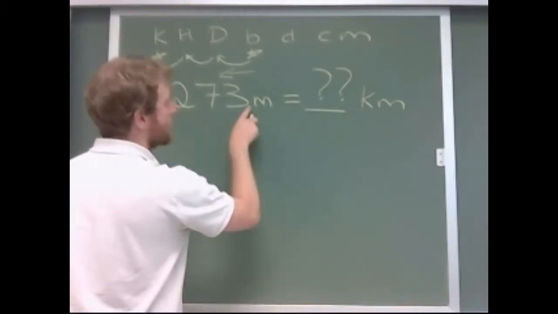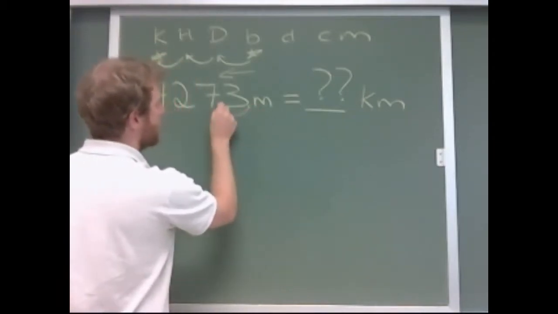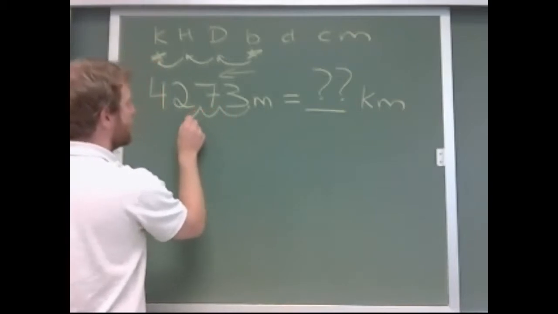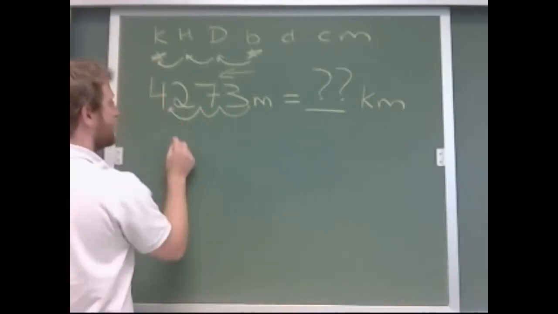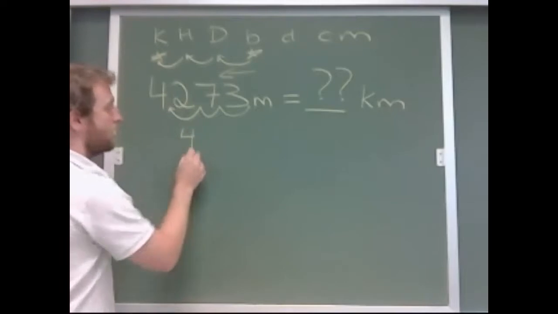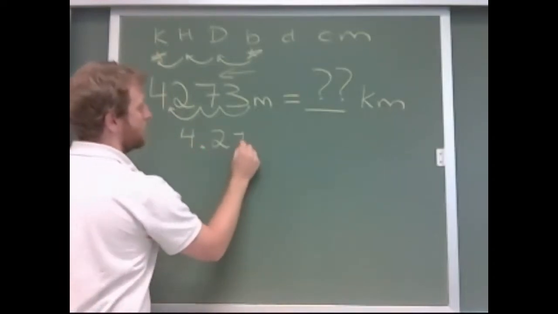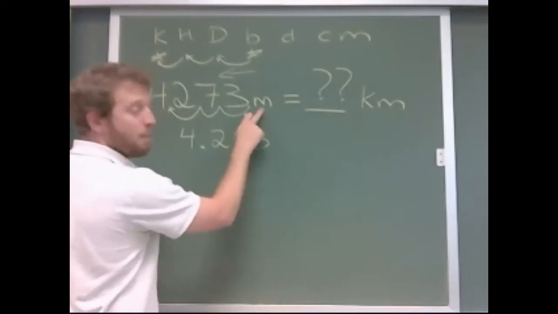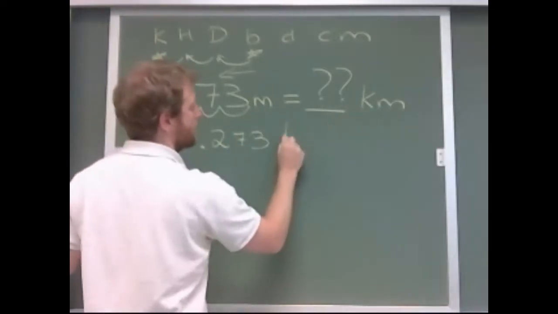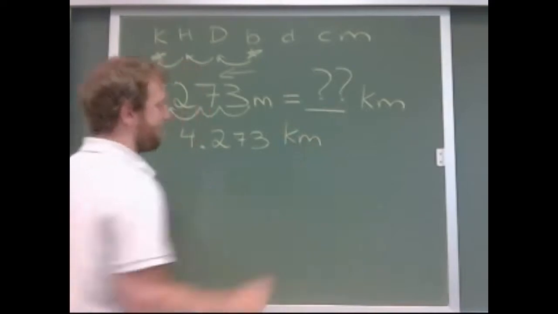Okay, now I do the same thing to my number. Take this decimal place, I move 1, 2, 3 spaces. So my final answer should be 4.273. And it's not meters anymore, I changed it to kilometers.